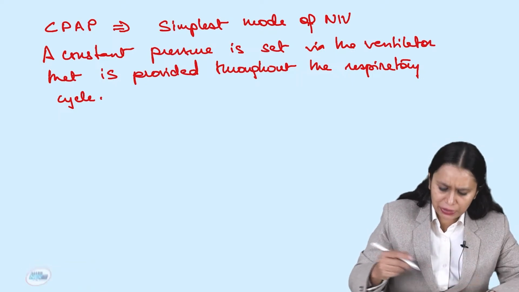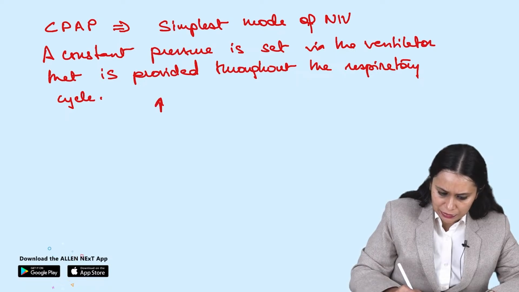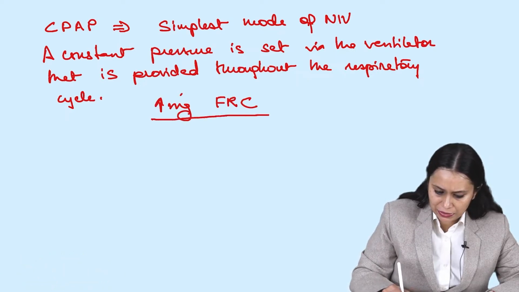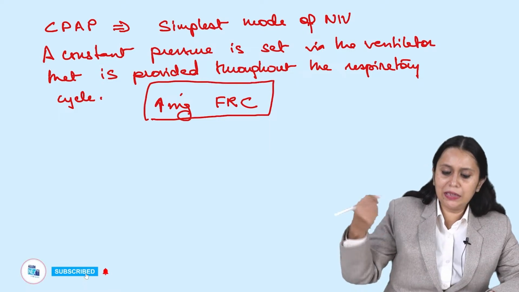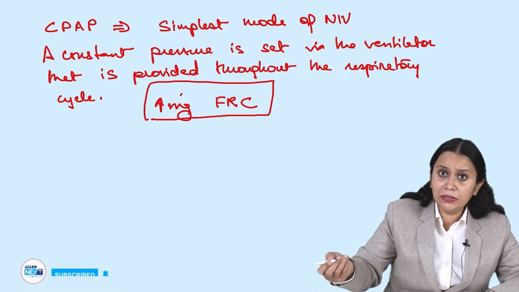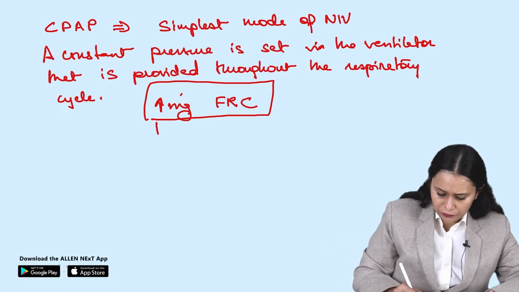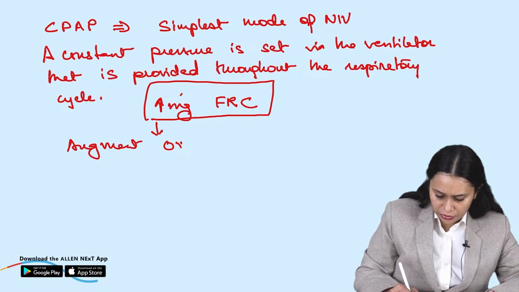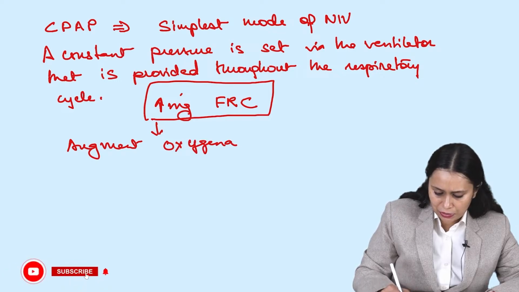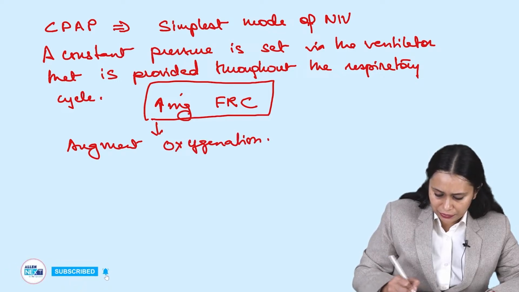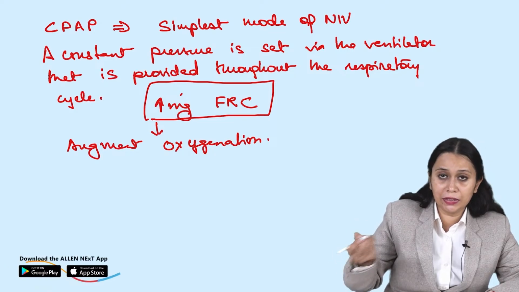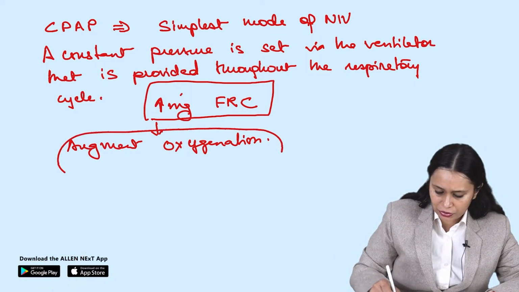What the ventilator is doing in this mode is increasing FRC, functional residual capacity, and this increase in FRC augments oxygenation by alveolar recruitment. So it will increase FRC, it will decrease shunting, it will augment oxygenation.